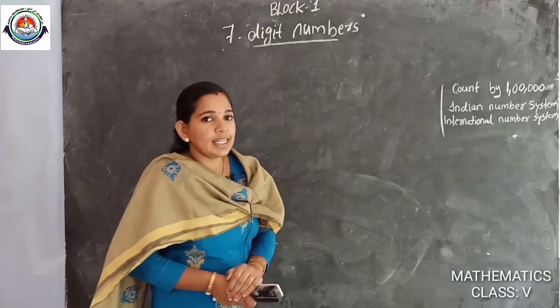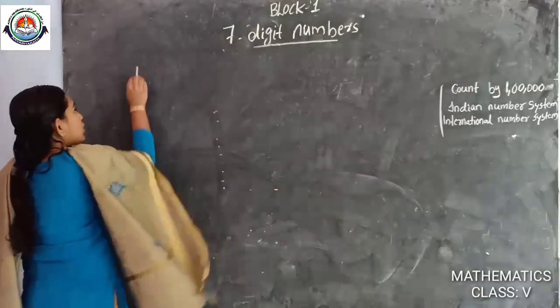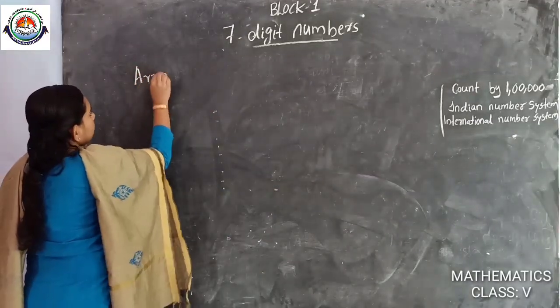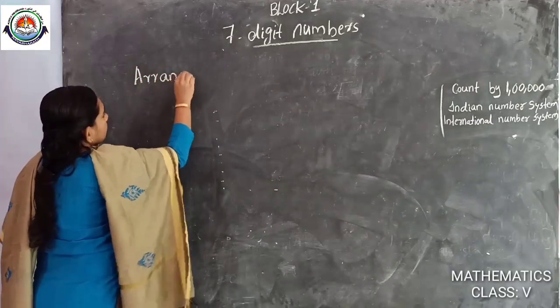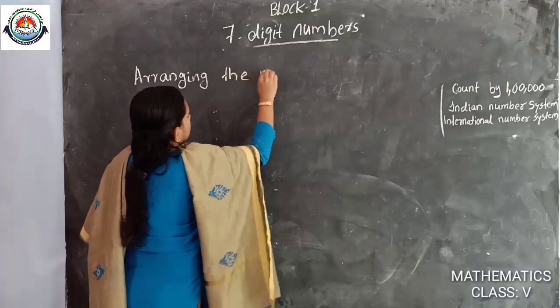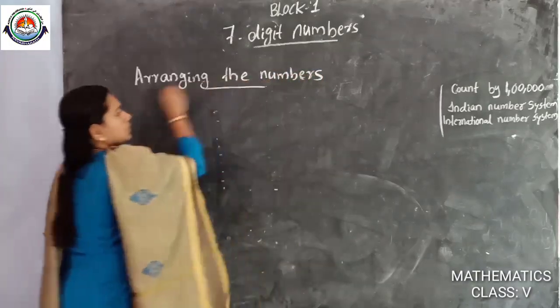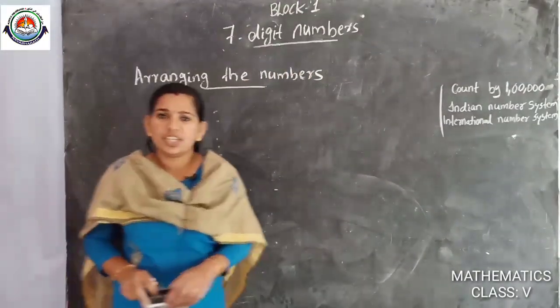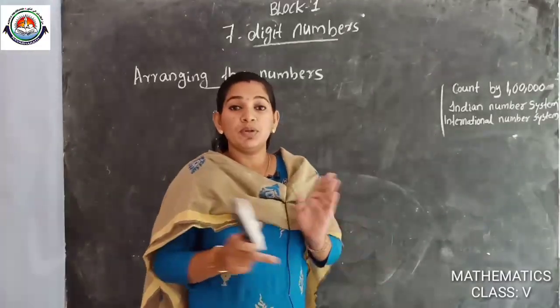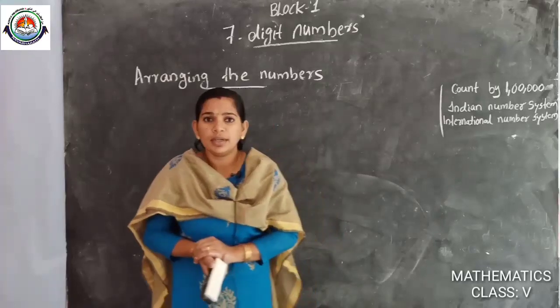Today we are discussing arranging the numbers. What do you mean by arranging? We arrange books on the shelf and dresses on the shelf.